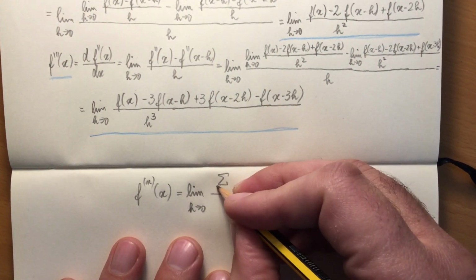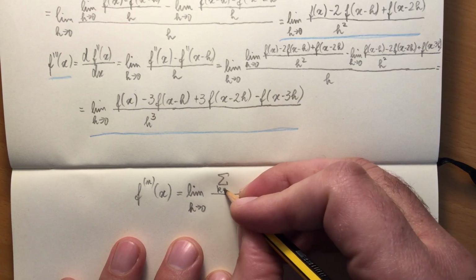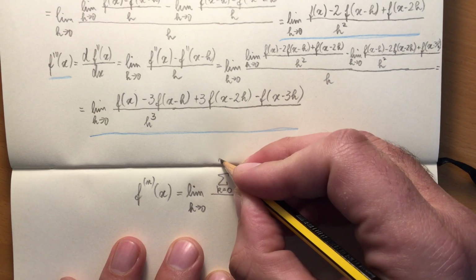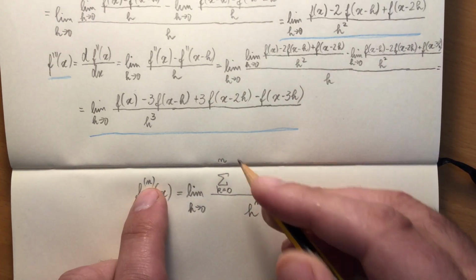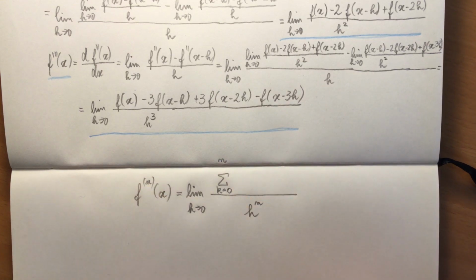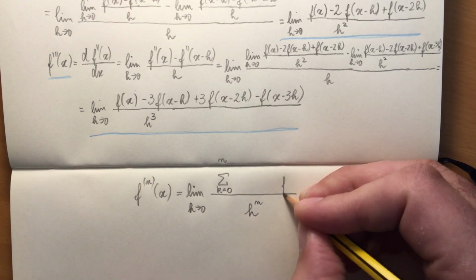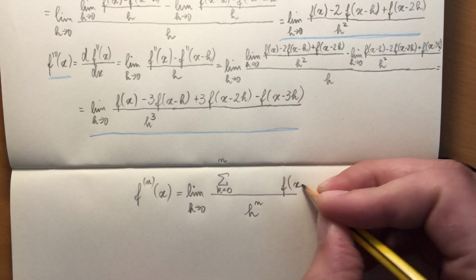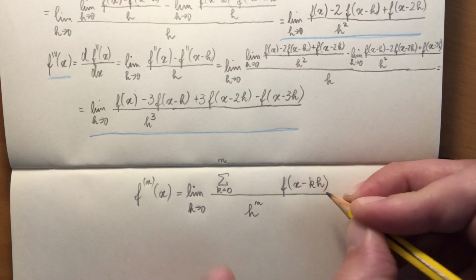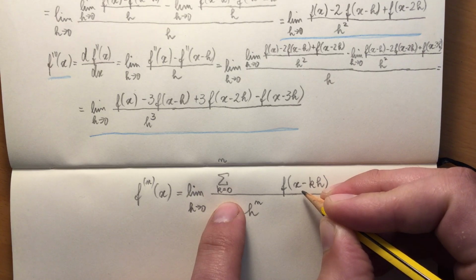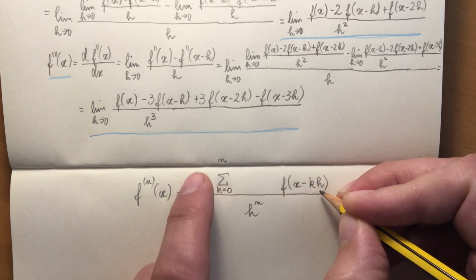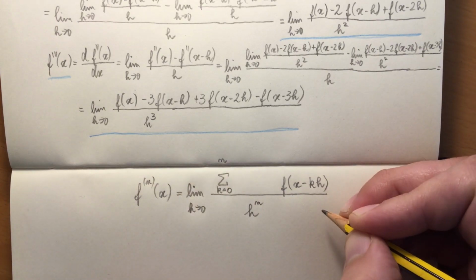Consequently, here I will put k, a dummy variable, that begins at 0 and ends at n, the order of the derivative. Here I have my n plus 1 terms, and I will have here f of x minus kh. I begin with f of x and subtract multiples of h up to nh.